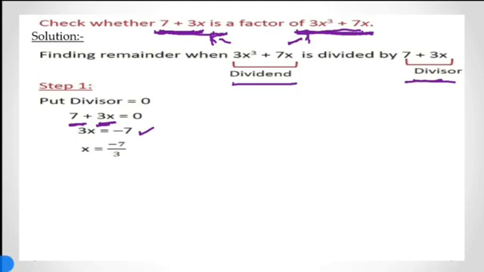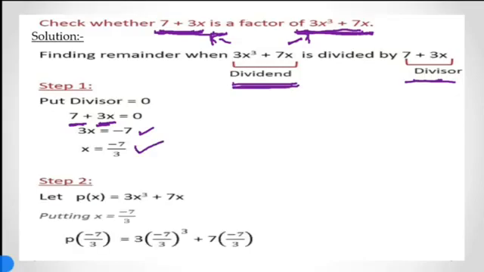In the next step we are going to put the value of x in the dividend. Let us equate this dividend to p of x. p of x equals 3x cube plus 7x. Now put the value of x in this p of x.